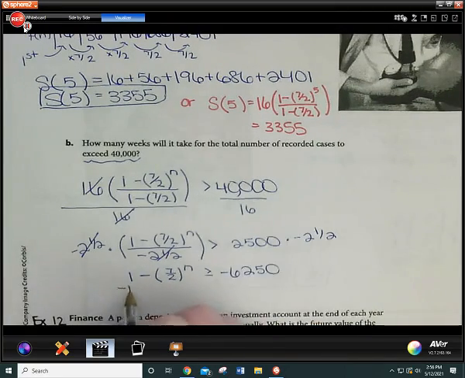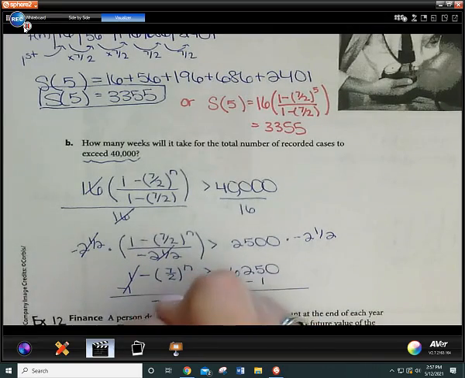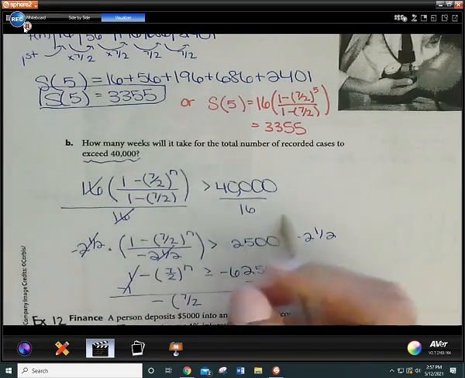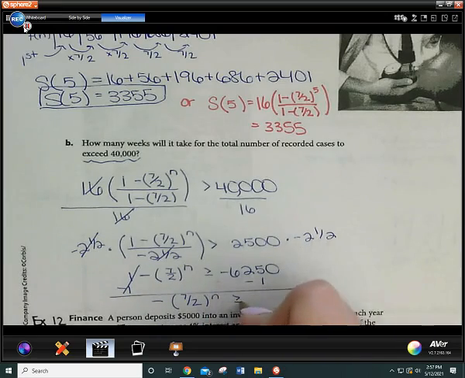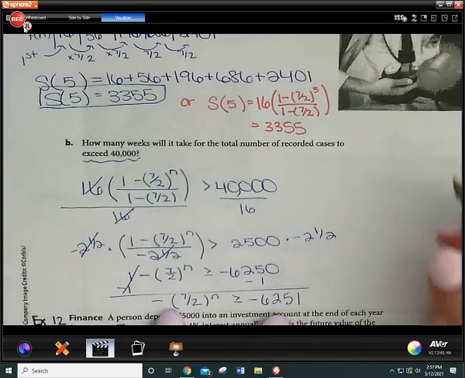I'm going to subtract the 1 over. So I get negative 7 halves to the n greater than or equal to negative 6,251. I'm going to divide both sides by a negative.